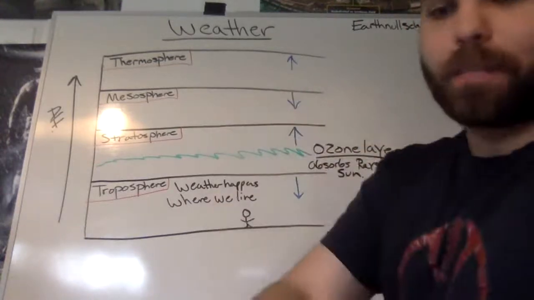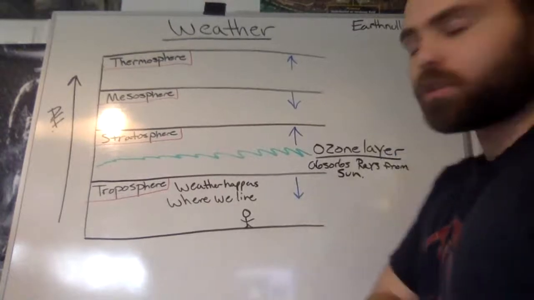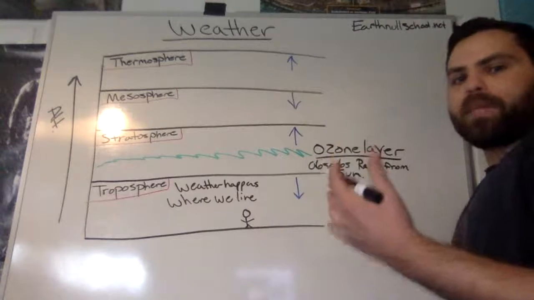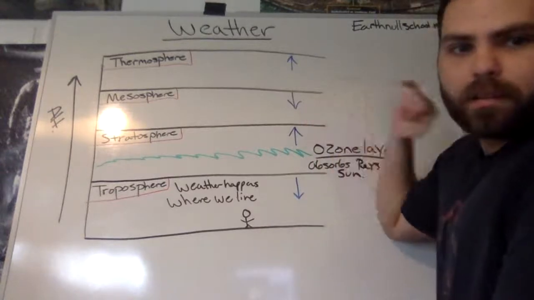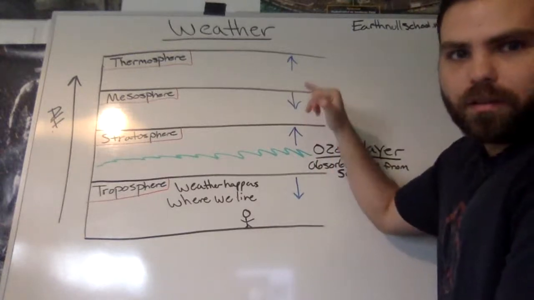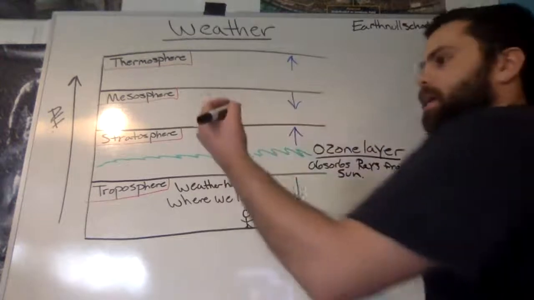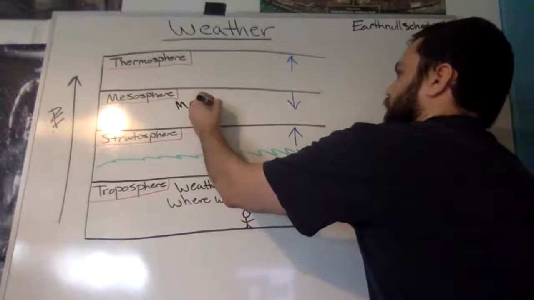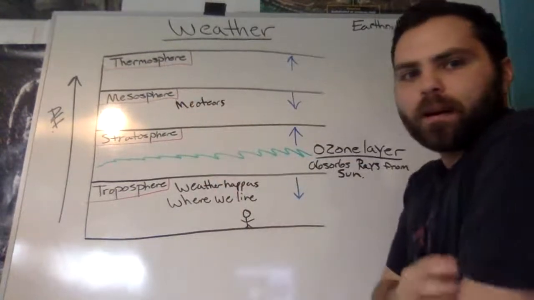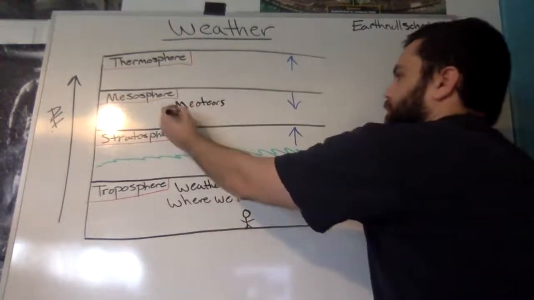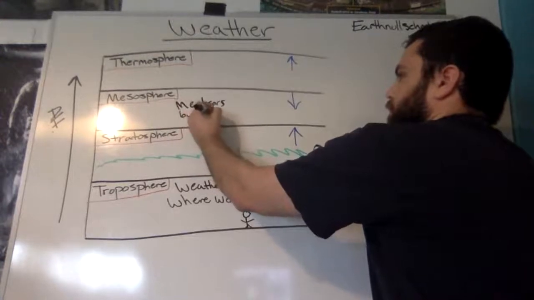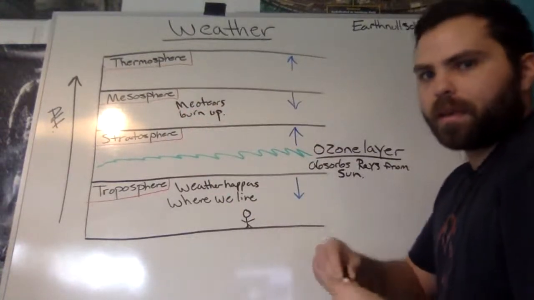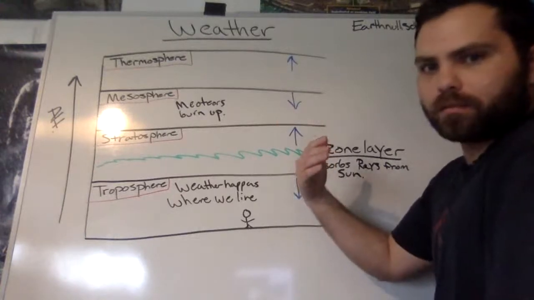Now we're going to get into the mesosphere. The mesosphere is important for us because, as you can see, temperature decreases with altitude. But what makes it important is that this is where meteors burn up. If you've ever seen a shooting star, that is a meteor.